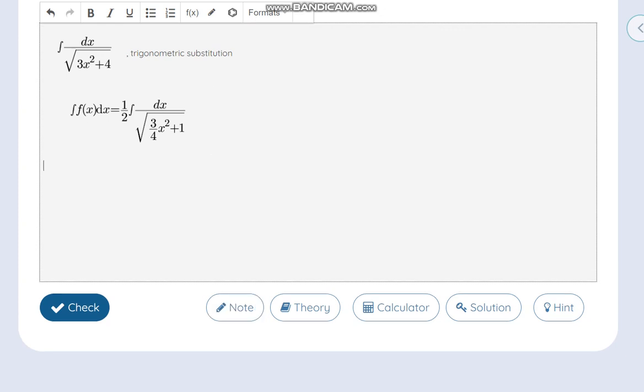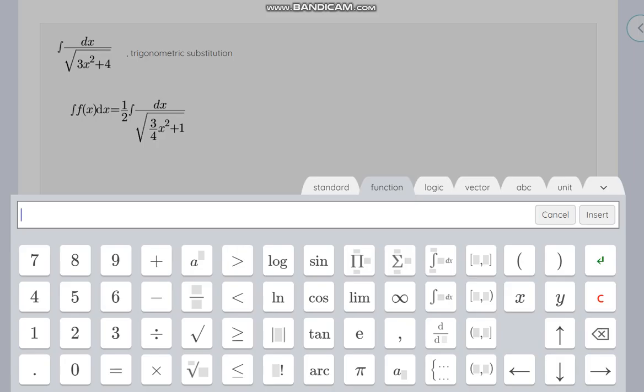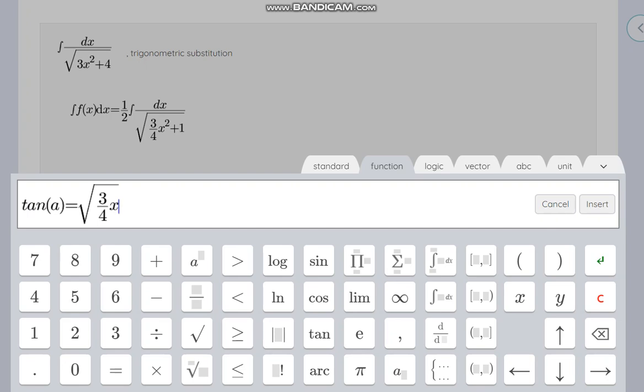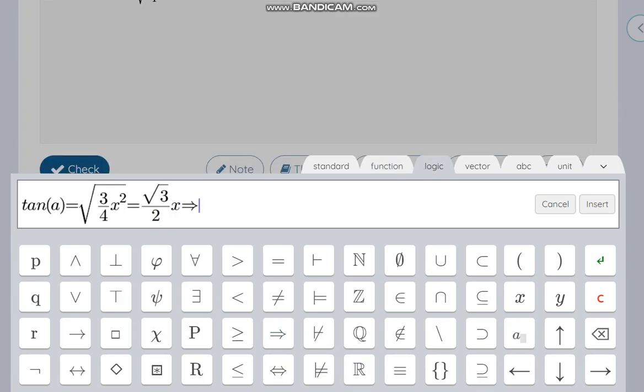As I said, we want to do a substitution that involves tangent of a equals the square root of 3/4 x squared. Now that becomes basically and simply this, and we want to differentiate both sides.